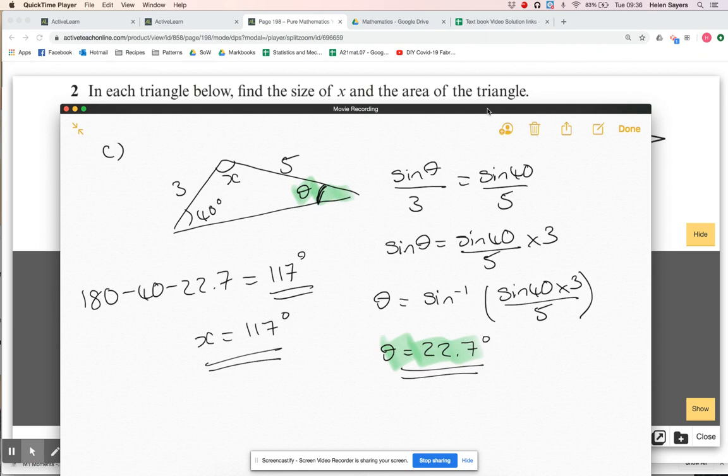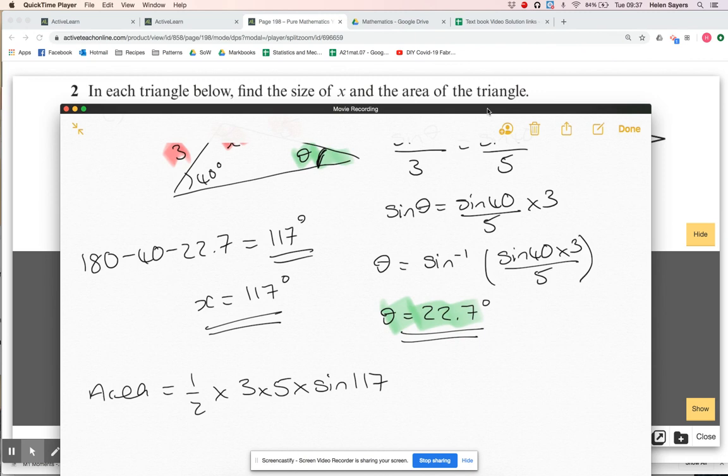Okay, and then now we've got angle X, area, nice and easy. Half times 3 times 5 times the sine of the angle between them. I'm just using those two sides and that angle to find the area. So sine of answer.